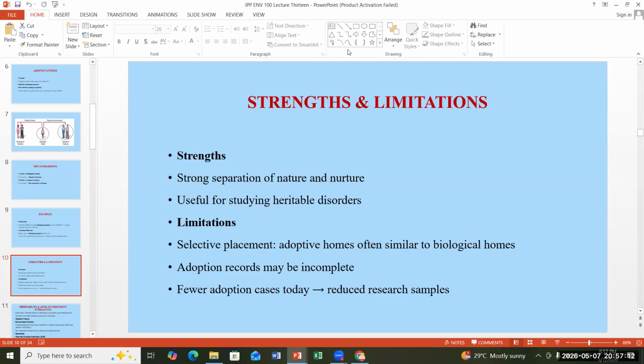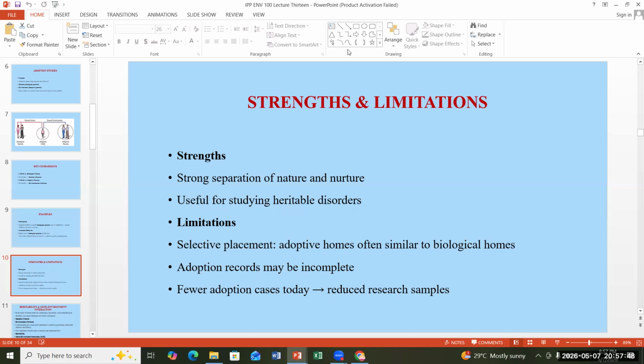The second limitation is that adoption records may be incomplete. Normally, when adoption is done, a complete data set is required for the parents who are adopting the child and the child who has been handed over to the adoptive parents. A complete data set, not in terms of wealth or money, but in terms of biological background, like the likelihood of any particular diseases, their blood group, and all those things.